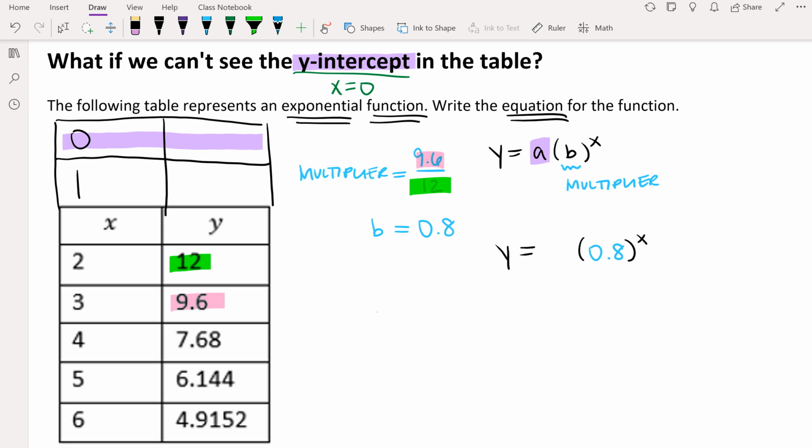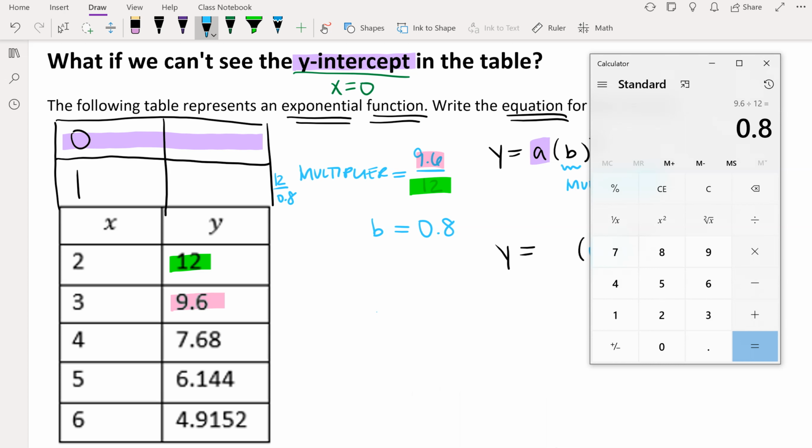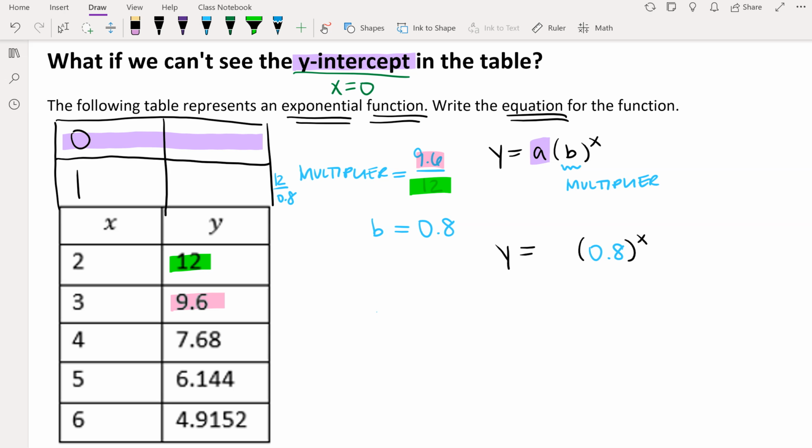So to get this y value right here, we're going to do 12 divided by my multiplier, 0.8. 12 divided by 0.8 equals 15. So the y value that goes here is 15.